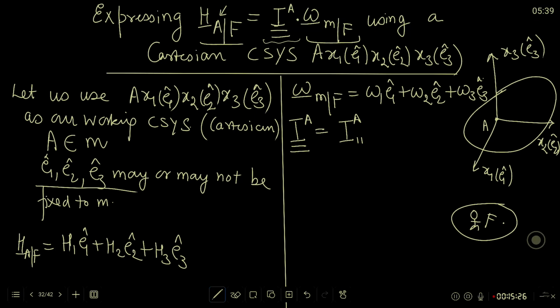Since I am treating it as a second order tensor, its expression in this given coordinate system will be this. I'm just using IA11 as the scalar components, so it should be written in this manner.